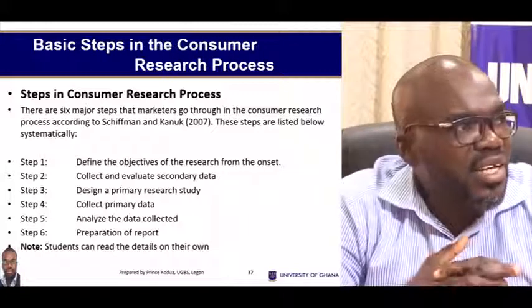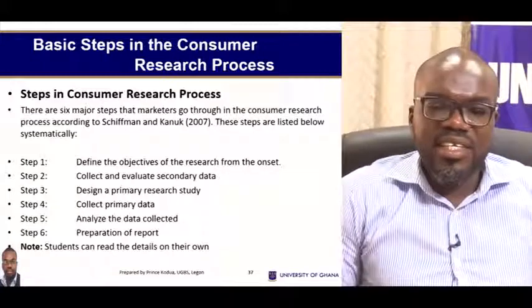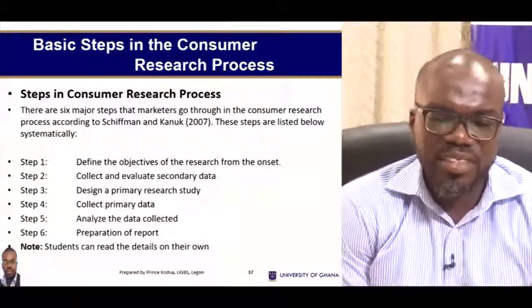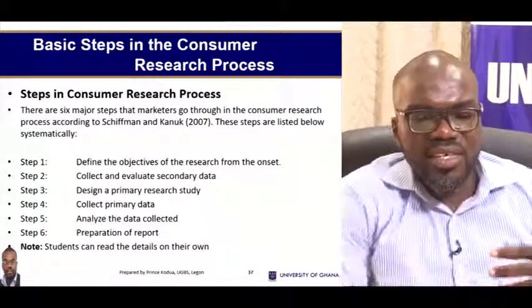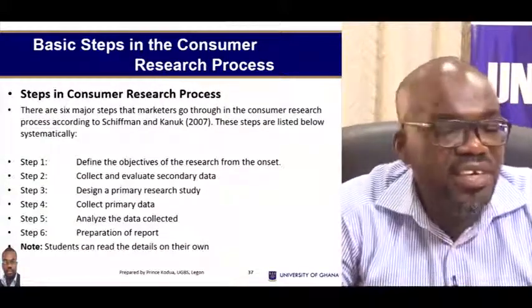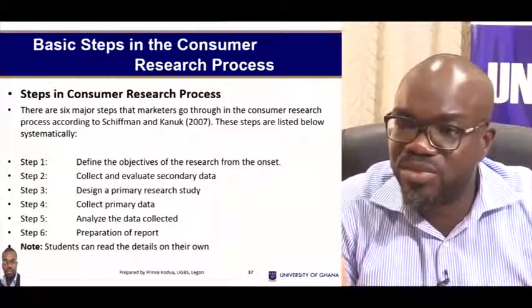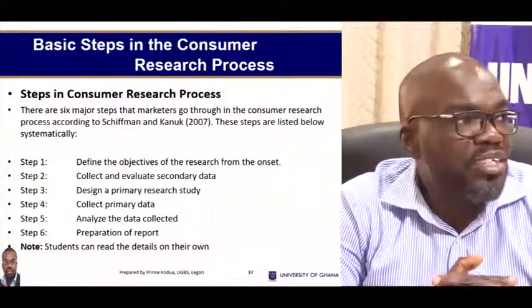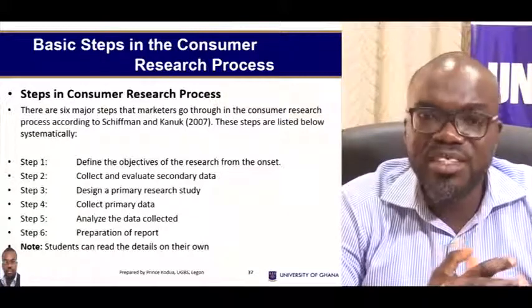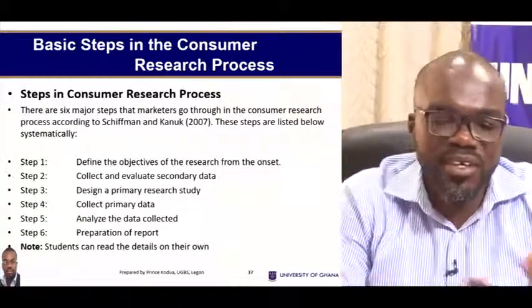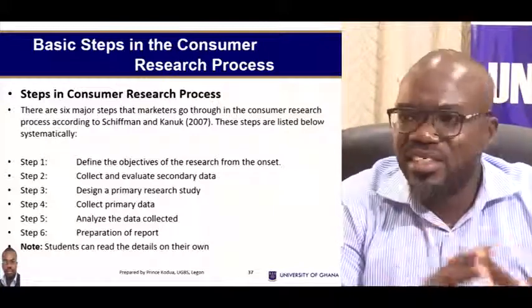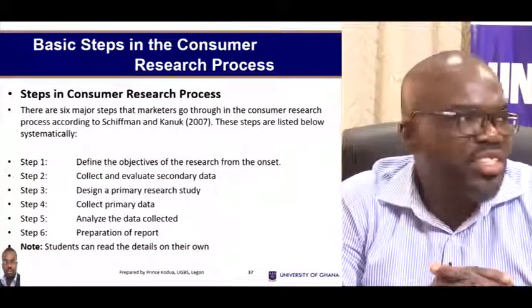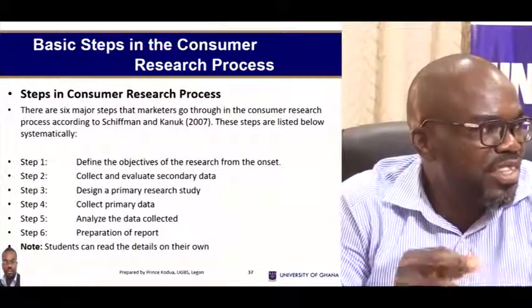The second logical step after enumerating your research objectives is to collect and evaluate secondary data. Secondary data simply refers to data that has already been collected for other purposes. But it's only prudent, because what is the essence of doing research when the information we are looking for is already sitting somewhere?